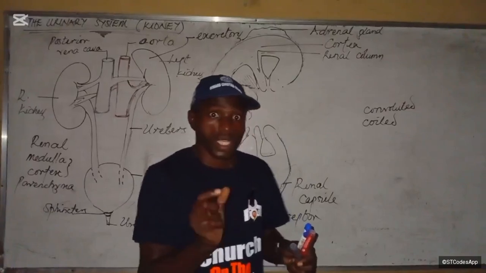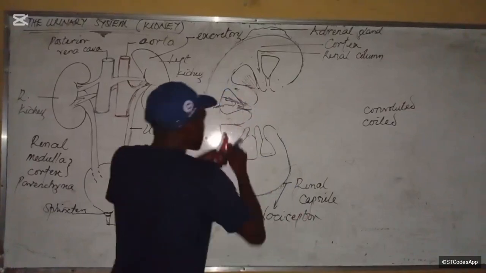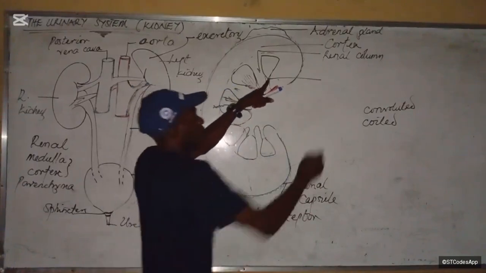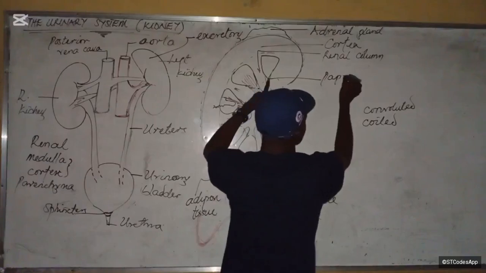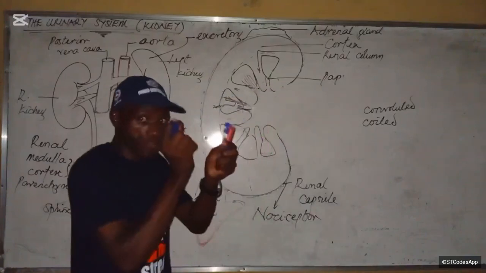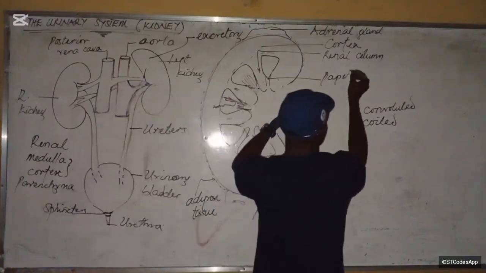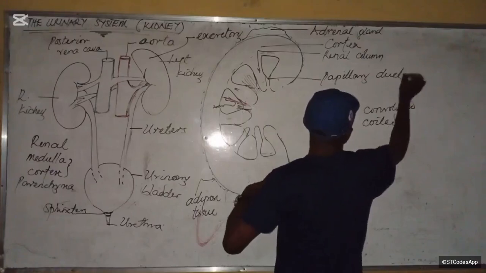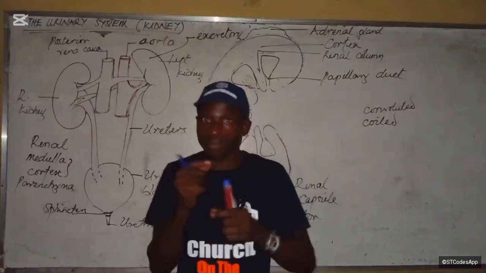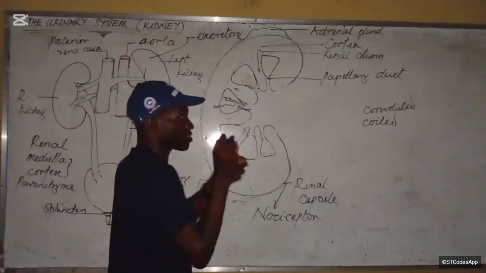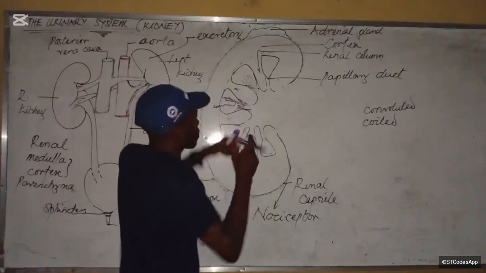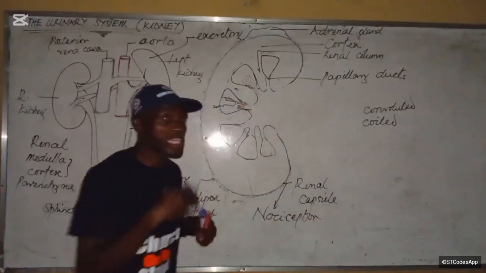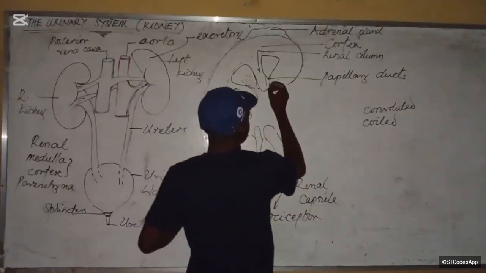Is that okay? So the tip of this pyramid is called papillary, and that is the beginning of those ducts. They are tiny tips. Is that okay? Very little and tiny. So these papillary ducts are the ones that enter into the calyces.